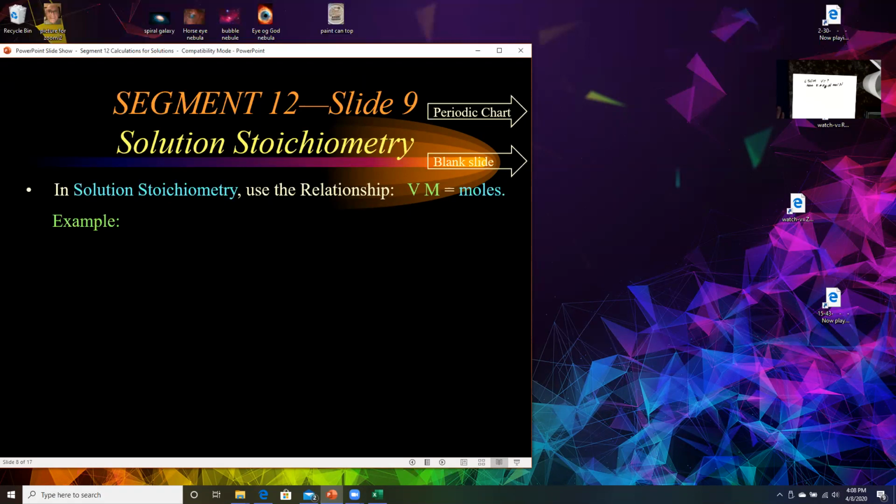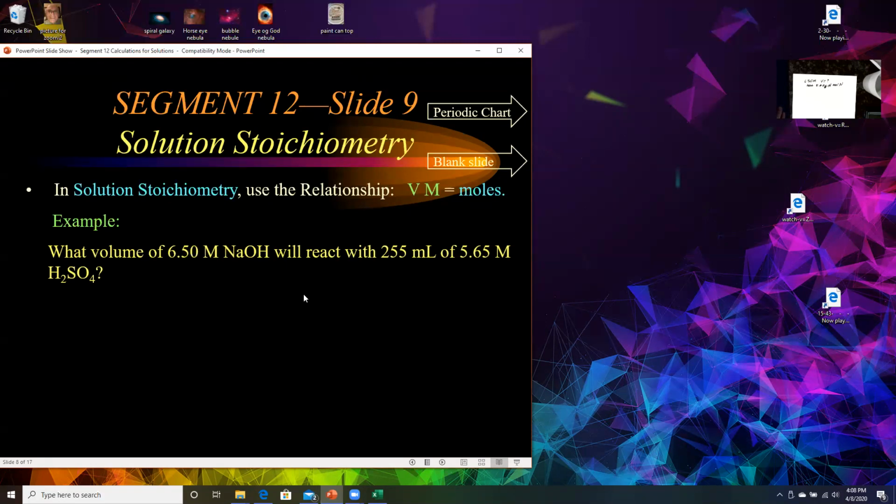Now we're going to do solution stoichiometry, and the relationship that's going to allow us to do that is volume times molarity is moles. So let's work through some examples of this. What volume of 6.5 molar sodium hydroxide will react with 255 milliliters of 6.5 molar sulfuric acid? This is a reaction, so I'm thinking we do need to write the equation down, right?